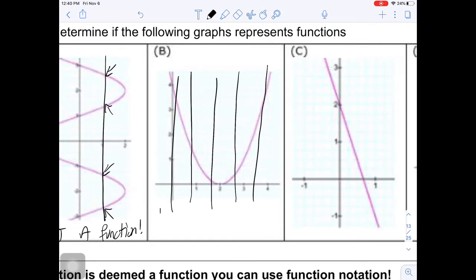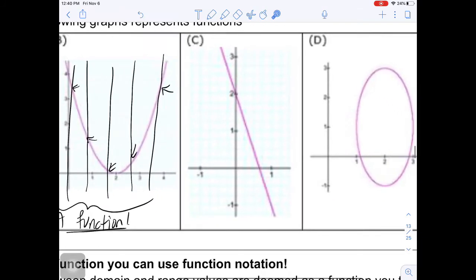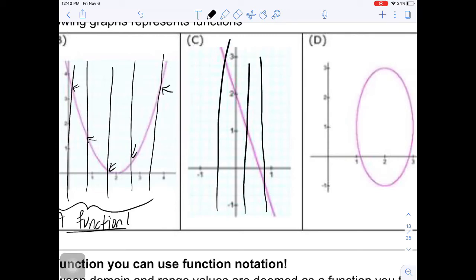But here I can notice that each vertical line only goes through the graph once. This is a function because no domain values repeat. Each individual domain value has a corresponding range value. Over here, this passes the vertical line test, right? We can draw a vertical line anywhere and it only intersects the graph once. So this is a function.